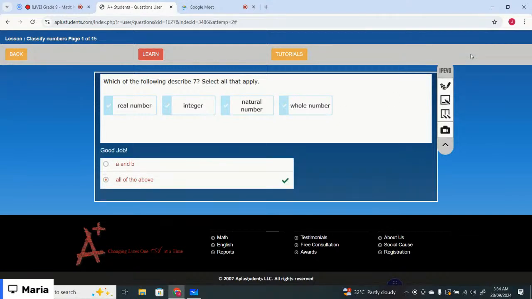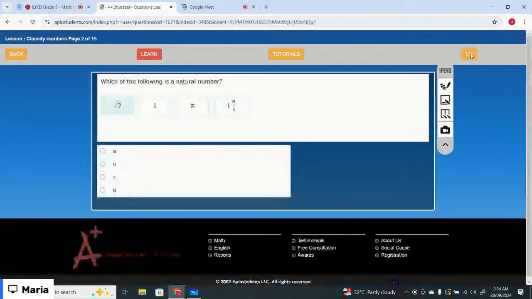Okay, let's start test questions. Which of the following is a natural number? Which is the correct option?